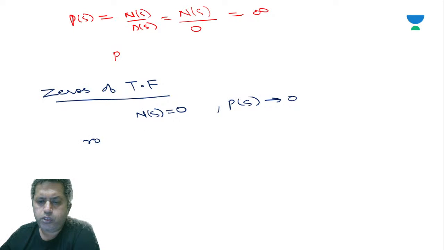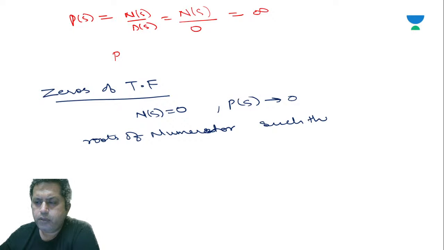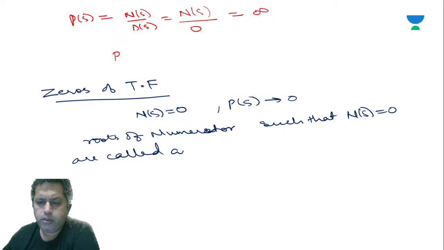So the roots of the numerator such that the numerator polynomial becomes 0 are called zeros of the transfer function.